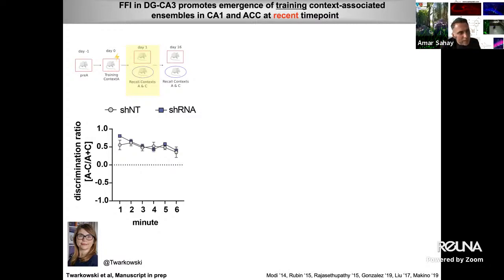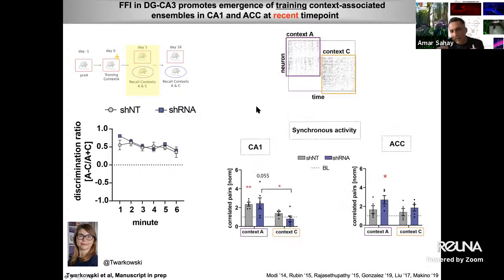She then zoomed in and looked at the activity of neurons in CA1 and ACC in animals in which we'd either increased feed-forward inhibition or controls. And what she found was that in both groups of mice, at the level of CA1, we see the emergence of a learning-induced ensemble that's associated with the training context, as shown over here, and as conveyed by correlated pairs of neurons or synchronous activity of neurons in CA1.